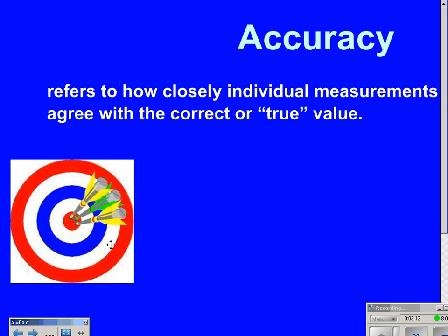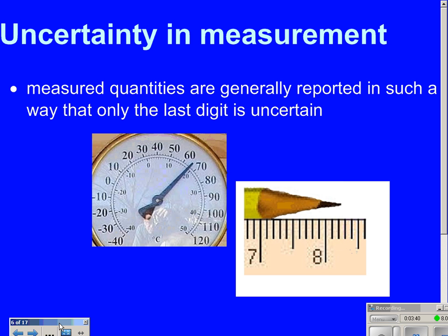Now, if I were shooting darts and I hit one dart right in the middle, and I hit another dart over here, and another one was over here, or one off to the edge, I had one shot that was accurate, but if my shots are all over the board, that's not precise. So I could have an accurate one, but other ones not so accurate and not so precise. Make sense? Okay.